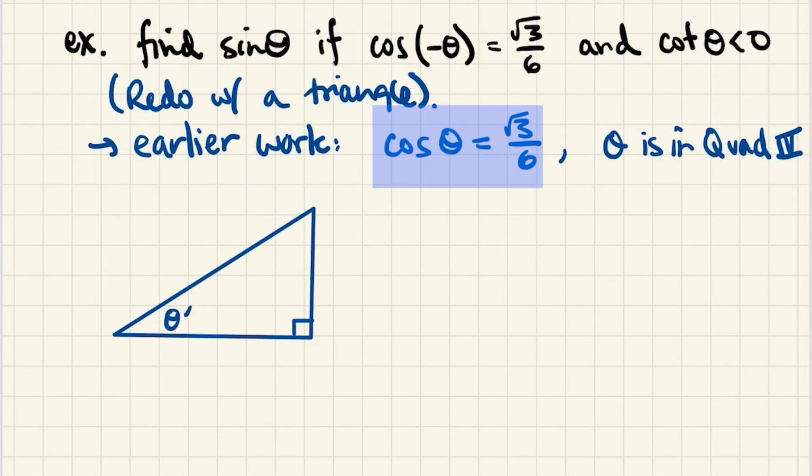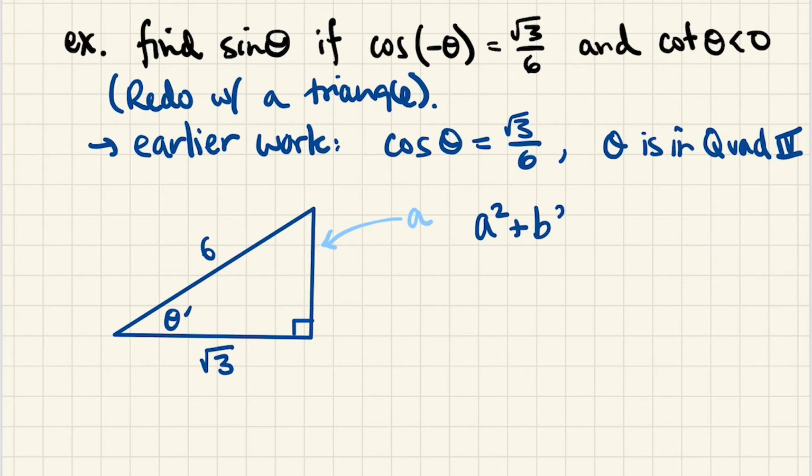So we know that cosine of theta is rad 3 over 6. Now, cosine concerns adjacent over hypotenuse. So we're going to just label this adjacent side as rad 3 and the hypotenuse as 6. Okay. This missing side here is, let's call it A. And we can see that by the Pythagorean theorem, a squared plus b squared is equal to c squared.